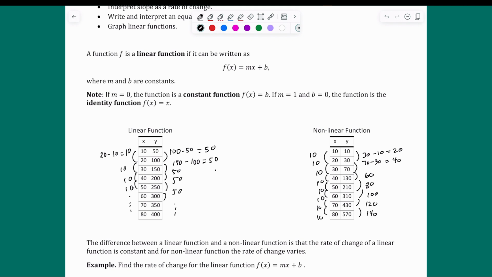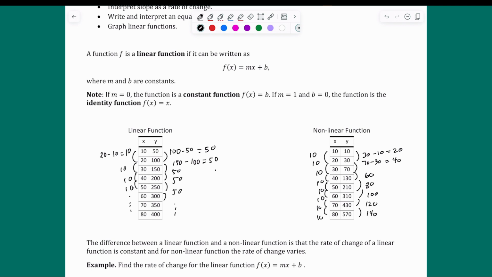A linear function's change in outputs is going to remain constant if you're changing by the same amount of x, or inputs. So here, the nonlinear function, we have a change in output that's varying for every same change in x.